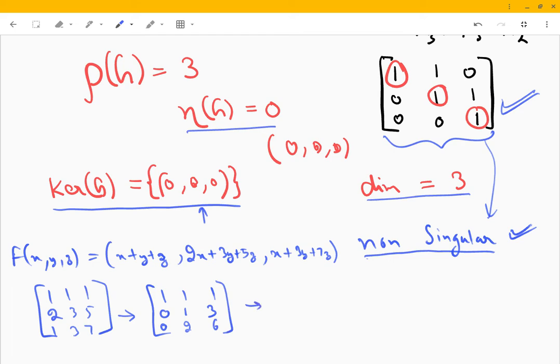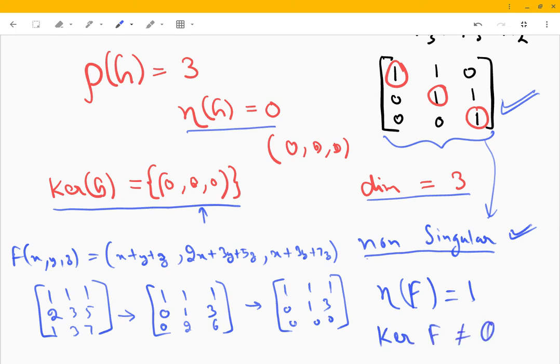Okay, no, this is not a concrete example. I'm sorry. Since I've done this much, see, the transformation matrix is a singular matrix. The determinant is 0. The kernel is not empty. The nullity of f is 1. The kernel of f is not empty.